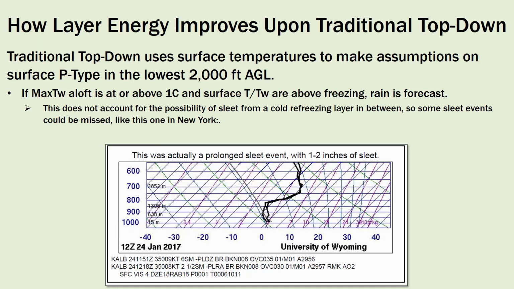The surface temp was just above freezing, but again a very cold layer just off the surface beneath a warm layer aloft. So this turned out to be a pretty good sleet event with 1 to 2 inches of sleet, in spite of the temperature being just above the freezing mark.